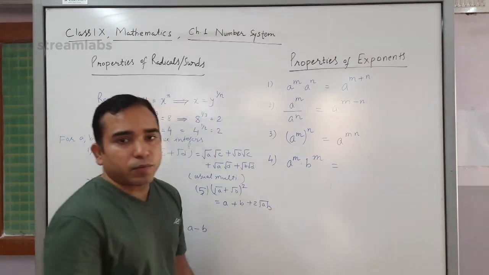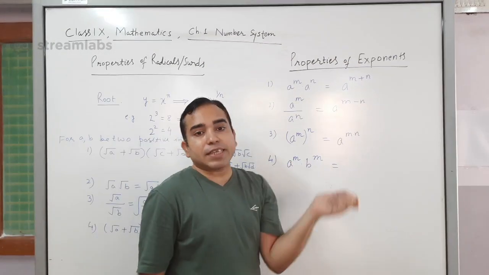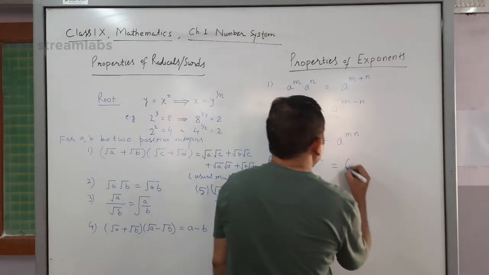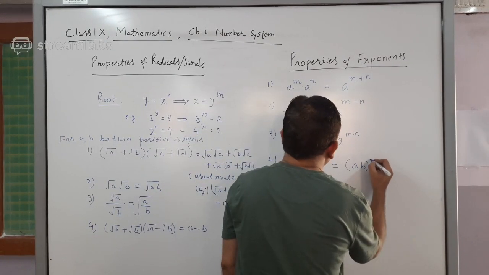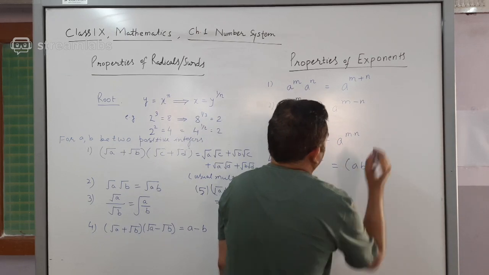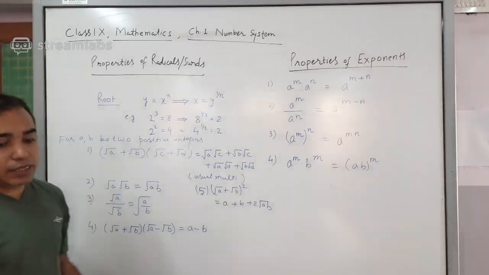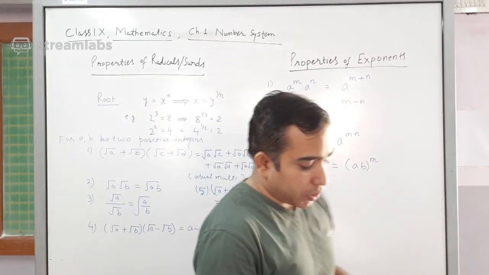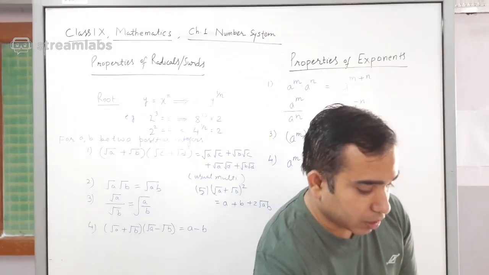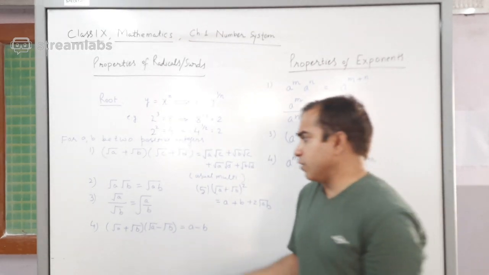Here what is the difference from the first property? Here the exponent is the same, but their bases are different. This is nothing but equal to ab multiplied and the whole power m taken. So these are some properties. Now let us see how to use them in the exercise. In the previous lecture we discussed NCERT exercise up to 1.4. Let us see some questions of exercise 1.5.